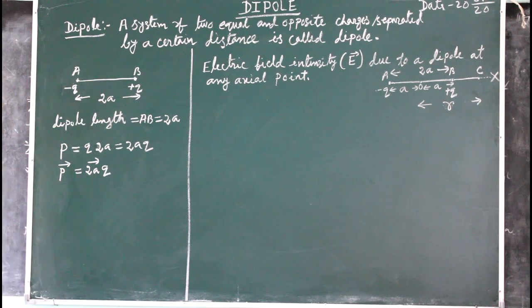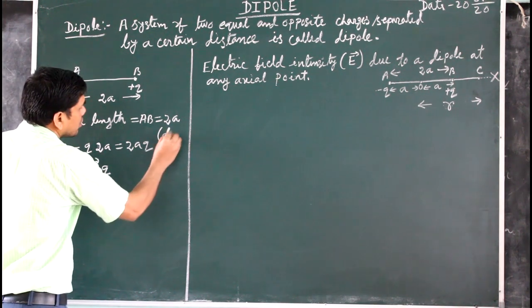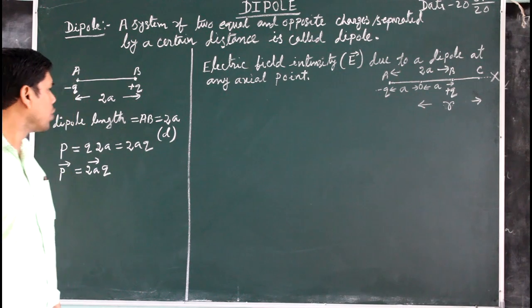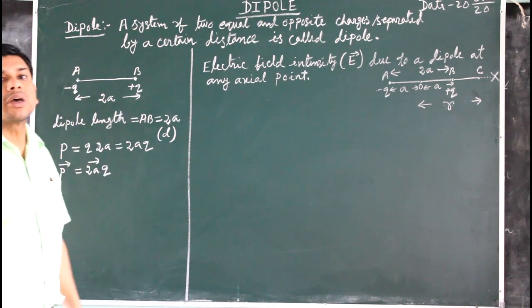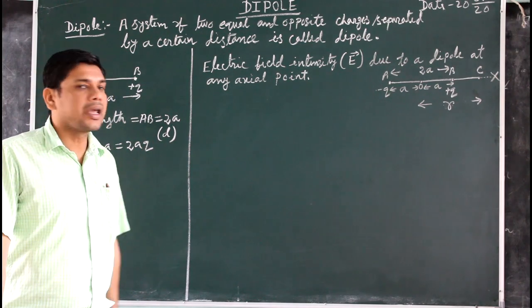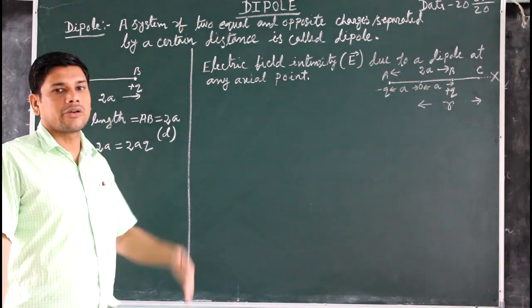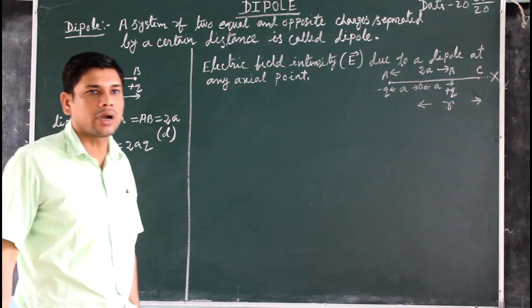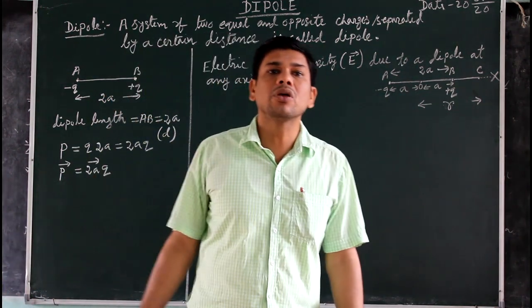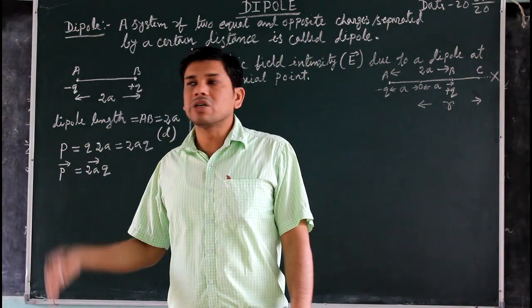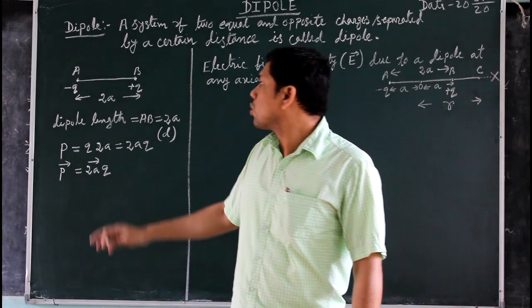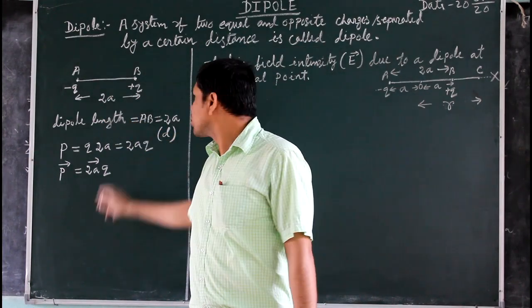Instead of 2a you can take d also, but it is better to take 2a for mathematical simplification. In the next lecture, I will find the electric field intensity due to a dipole at the axial point and at the equatorial point. At that time, for mathematical simplification, it is better to write 2a instead of d.